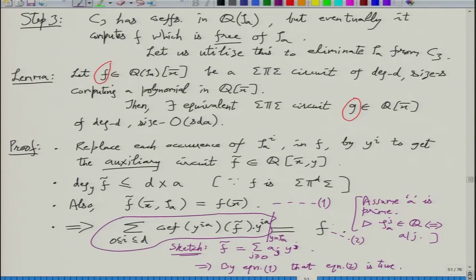So that is the summand. The number of summands that you get is around dA, and you will do it d many times, so you get a d A square blow up. So all that is within our budget.